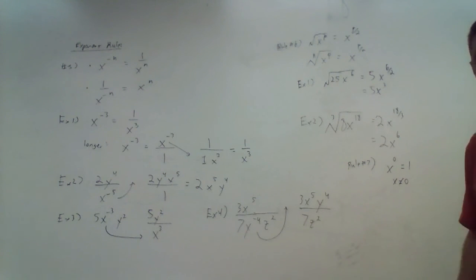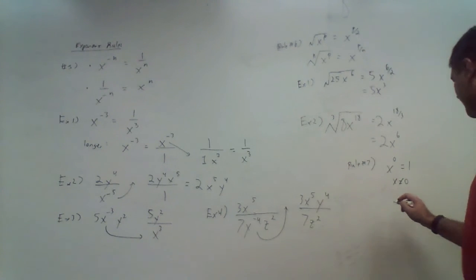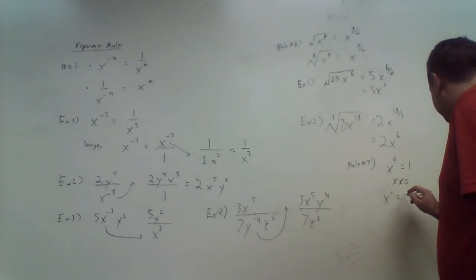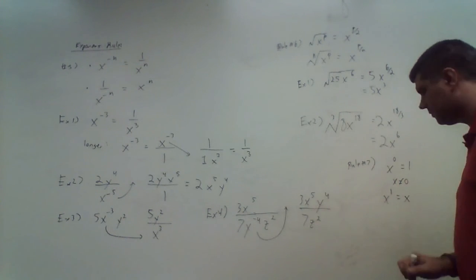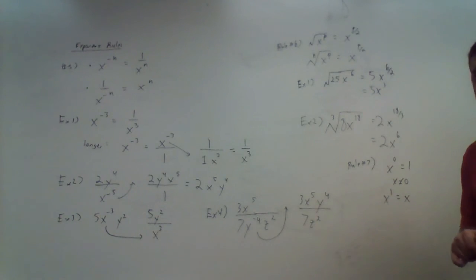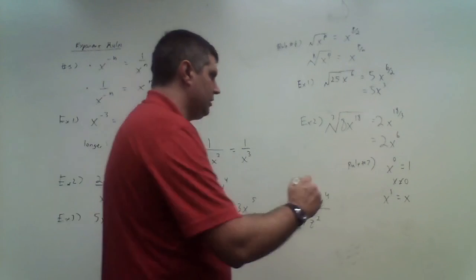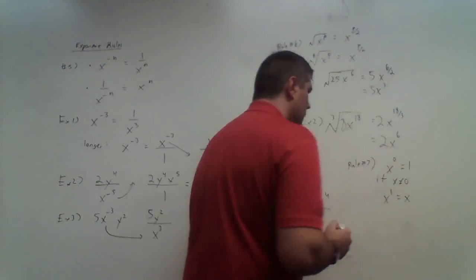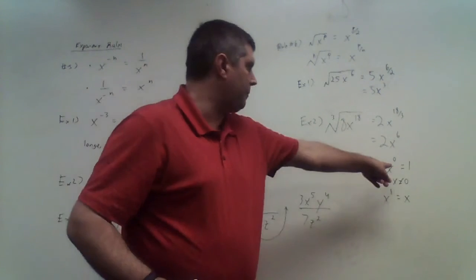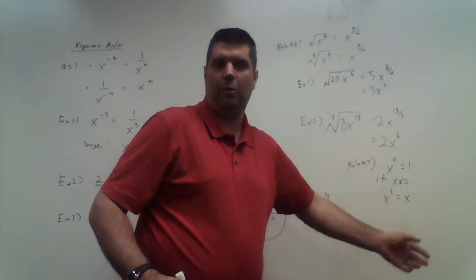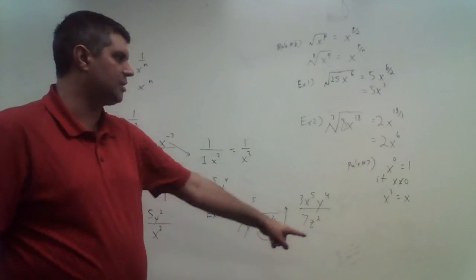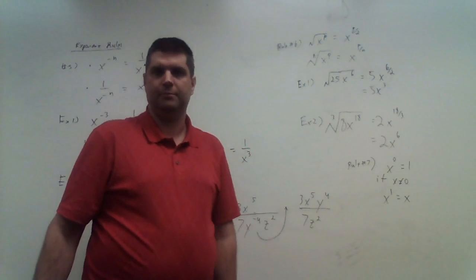Okay? 0 to the 0th doesn't exist. And anything to the first power is itself. Okay? Anything to the first power is itself. That includes 0. Okay? So anything to the 0th power is 1, except for 0. And anything to the first power is itself. Okay?